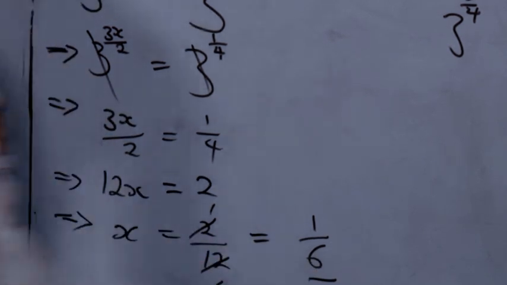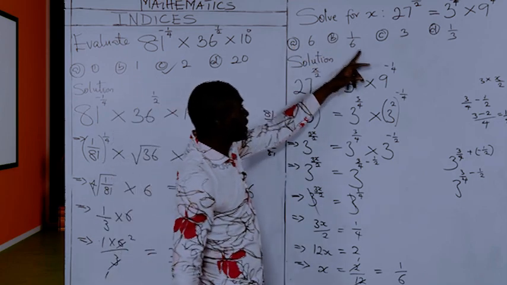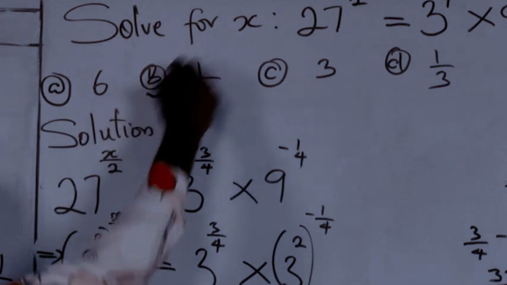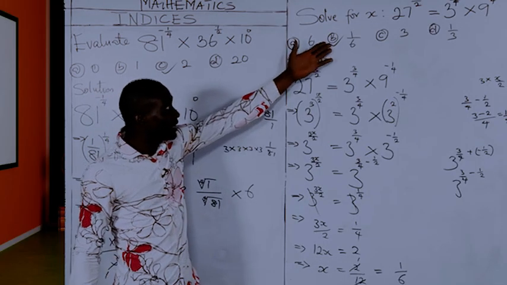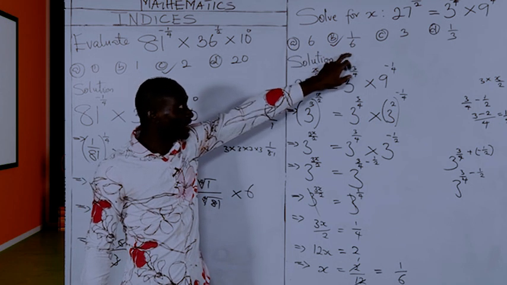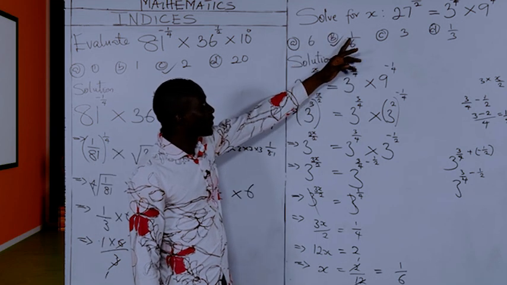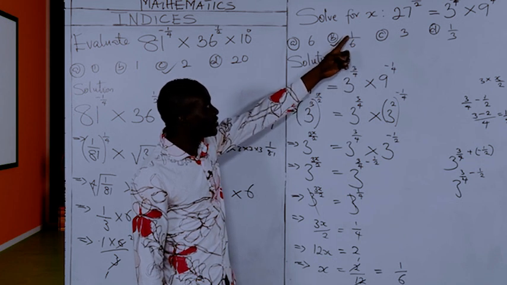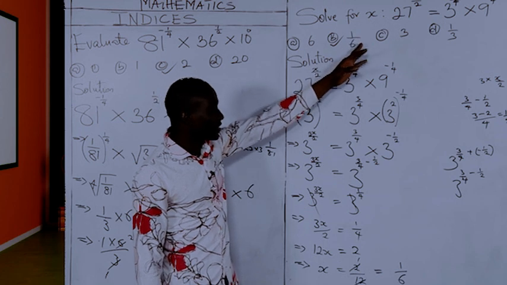We say this is our final answer. So option A is 6, option B 1 over 6, C 3, D 1 over 3. This is the correct answer. Mind you, the examiner might wish to express the correct answer in decimal numbers. So instead of writing 1 over 6, they may decide to write 0.16.